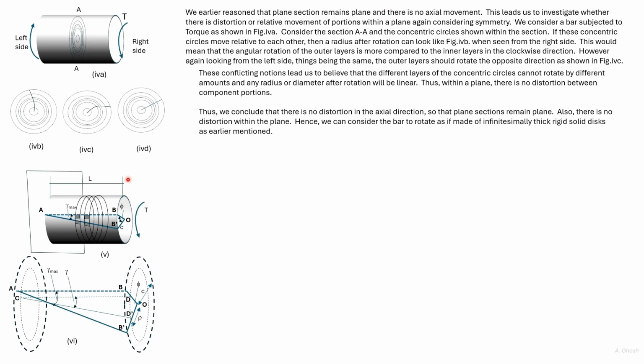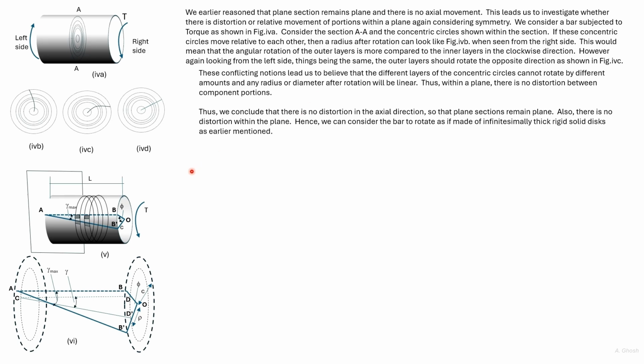We consider four circular cross sections at infinitesimal distance to each other, as shown here. We consider two rectangular elements on AB between the disks.